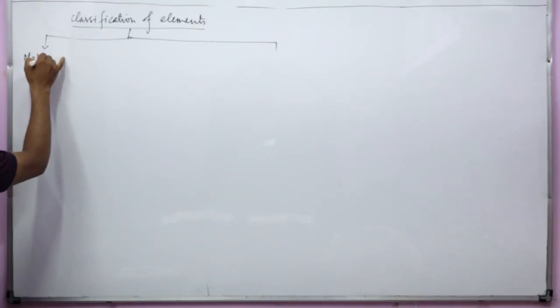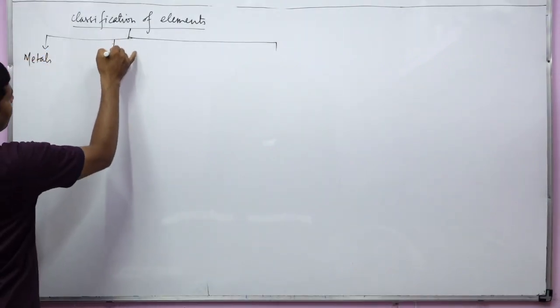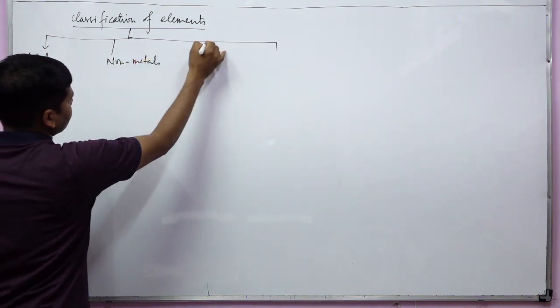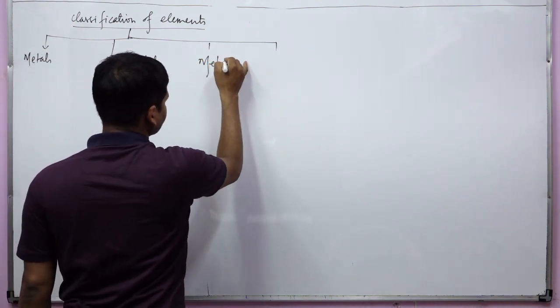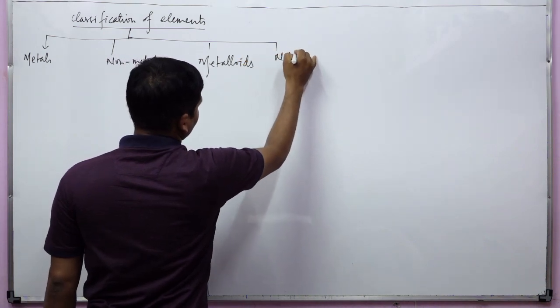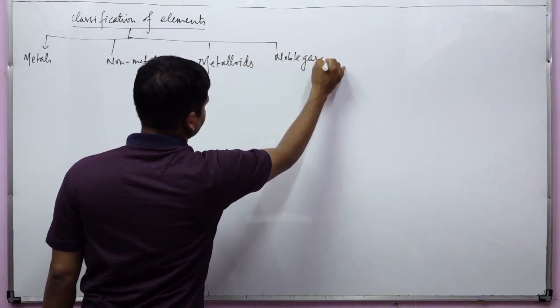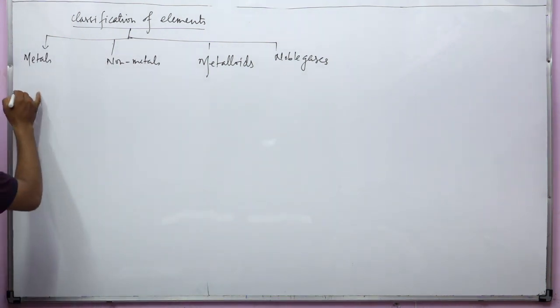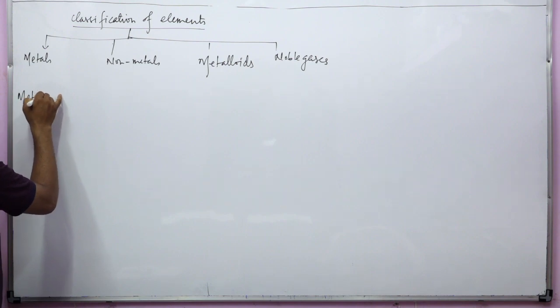They can be metals, non-metals, metalloids, or noble gases. In brief, we will be talking now about metals.